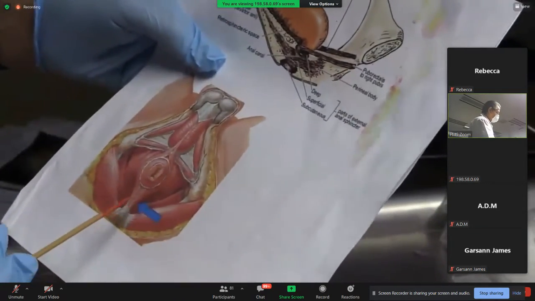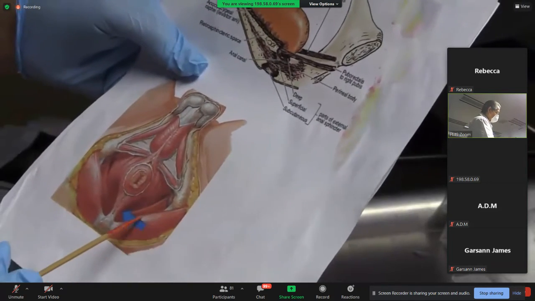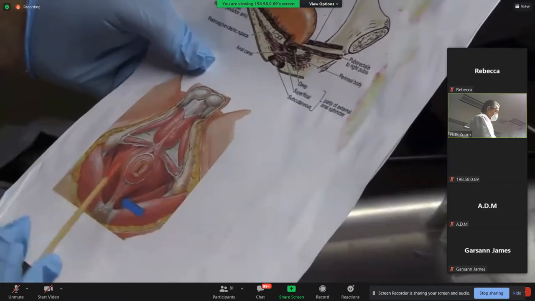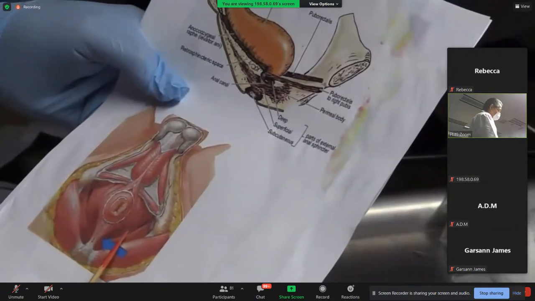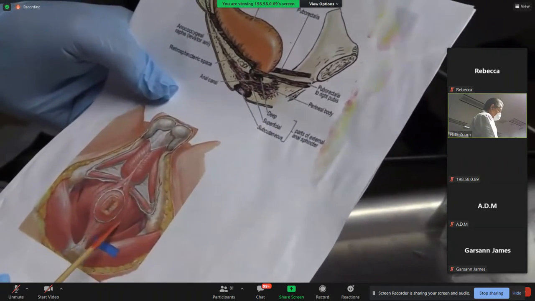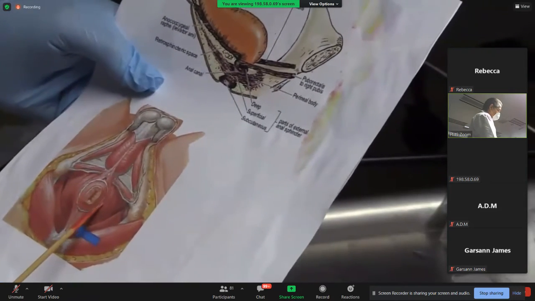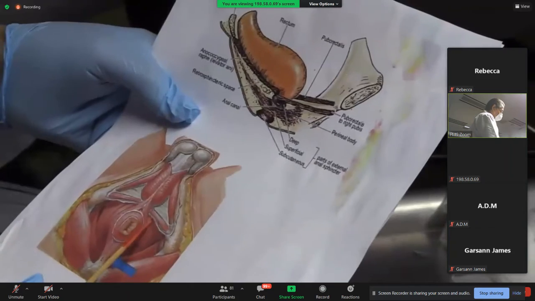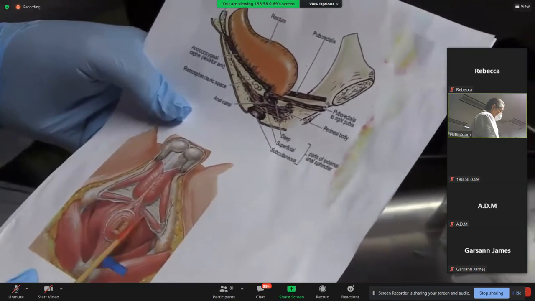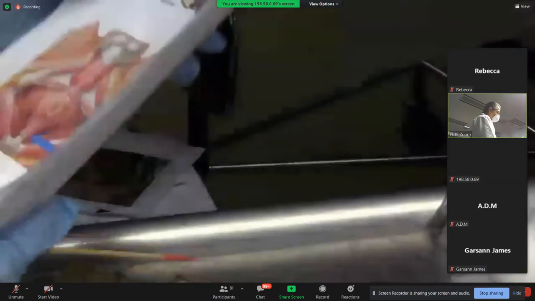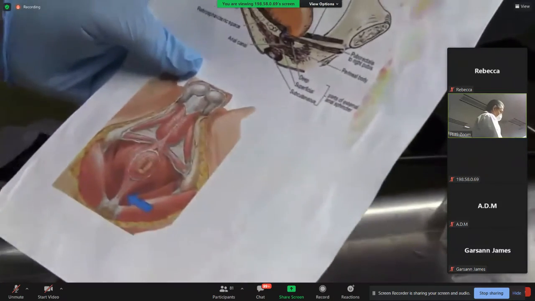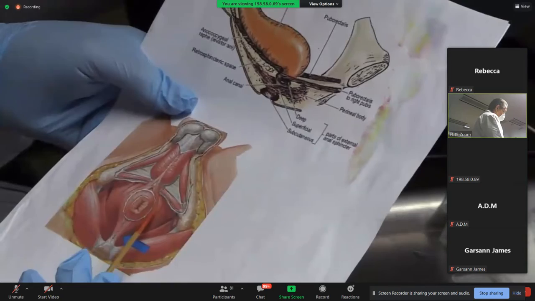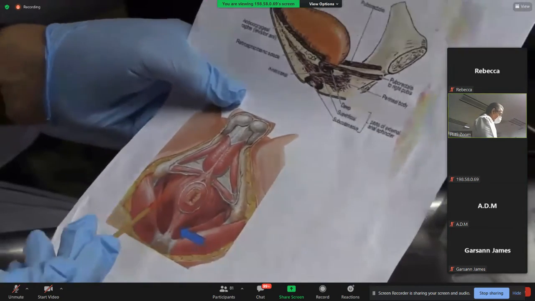So the pubococcygeus, and this is the iliococcygeus. That's the pelvic diaphragm you see there. So this is the deep part of the sphincter externus. Its fibers are going to intermingle with the medial fibers of the puborectalis, and tomorrow morning I'm going to go over the pelvic diaphragm when I do the ischiorectal fossa. So the medial fibers of the puborectalis sling around the anorectal junction.